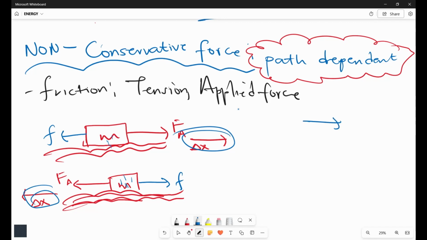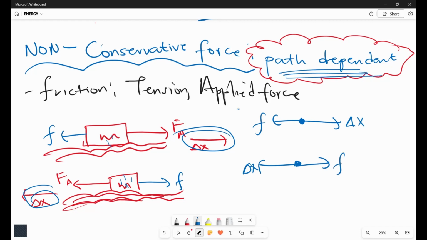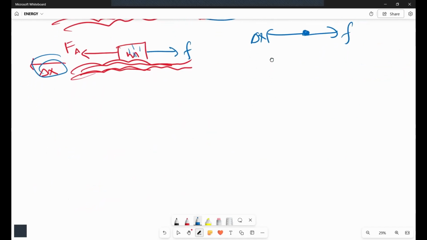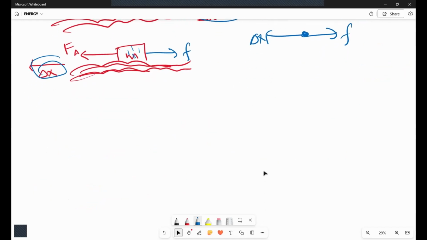If my change in x is towards this direction, it is opposing. So it is path dependent. This is a very, very straightforward explanation.